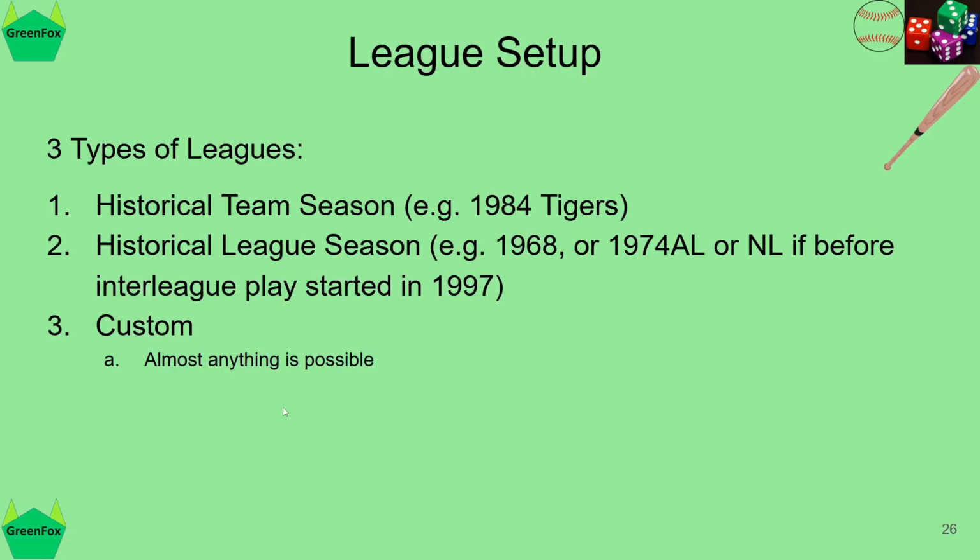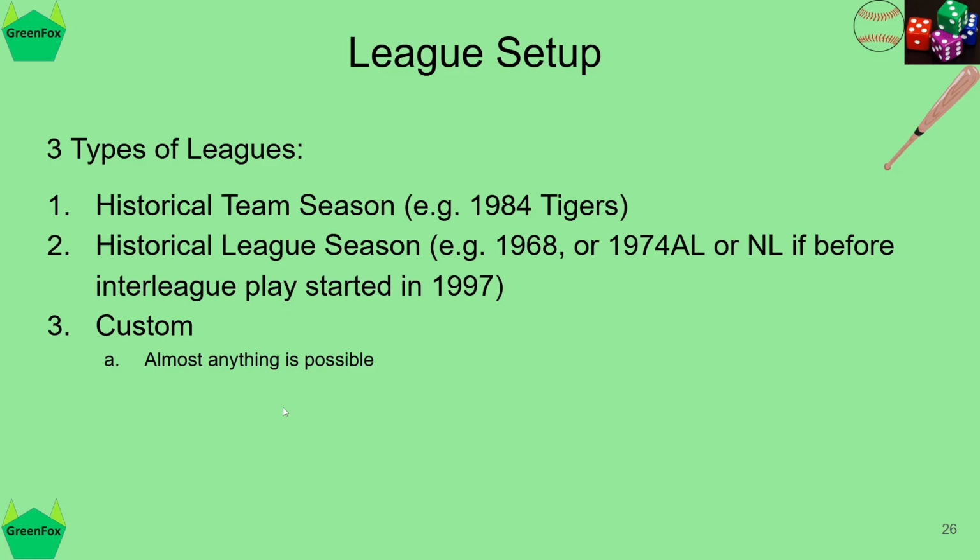So now let's talk about how to create a GreenFox league so you can use it to play your games. GreenFox allows 3 different types of leagues. Historical team seasons, for example, the 1984 Tigers. Historical league seasons, 1968, maybe 1974 American League, or in 2010, whatever, but it's basically all teams in a given year.